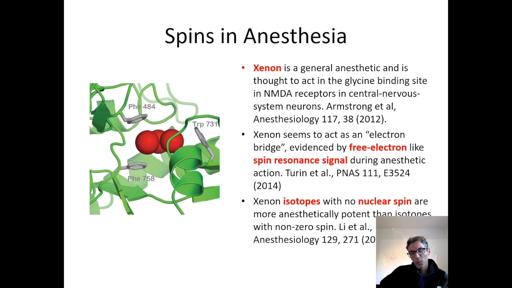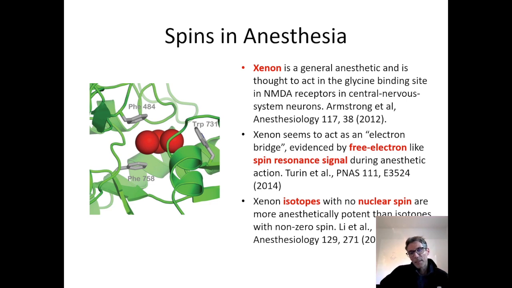Now there are two very interesting experimental results on xenon. First of all, there was a paper in 2014 which showed that xenon seems to act as an electron bridge, because they could see a free electron-like spin resonance signal during anesthetic action, not only for xenon actually, but in particular also for xenon. This was anesthesia of Drosophila, so fruit flies.